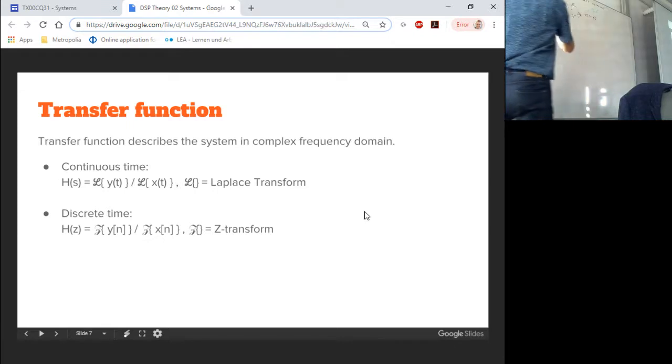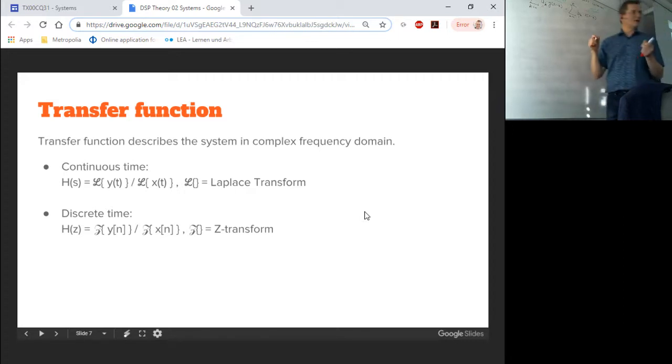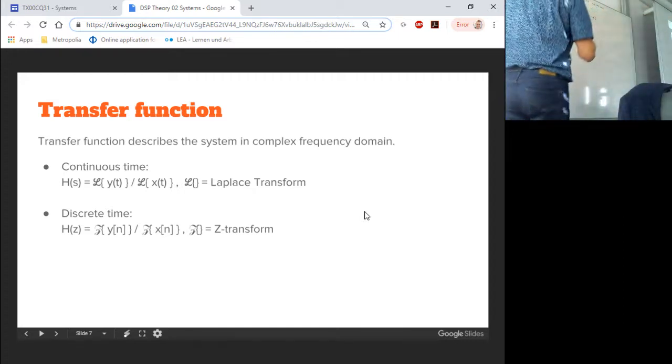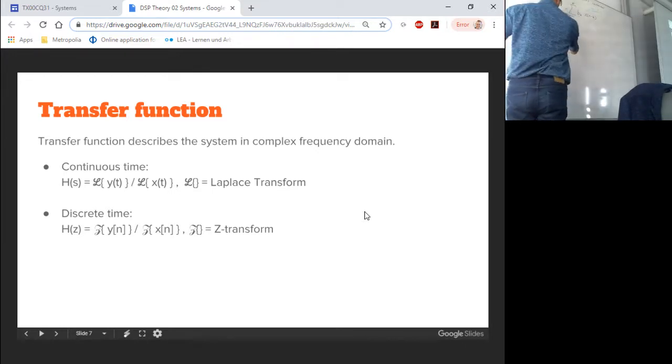So remember in analog electronics, when you have the system transfer function, that's the general form of frequency response. How to calculate these things in analog systems? You have H of s or G of s.